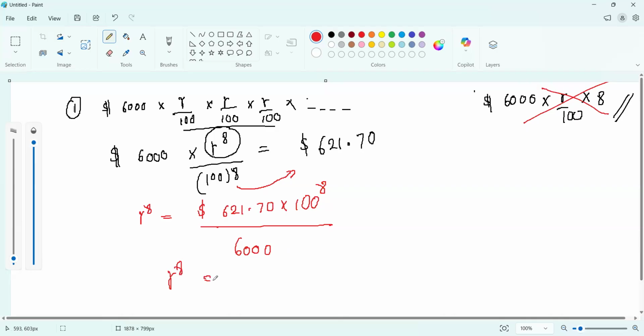What is the value of R to the power 8? Find it. It is better to use a scientific calculator.